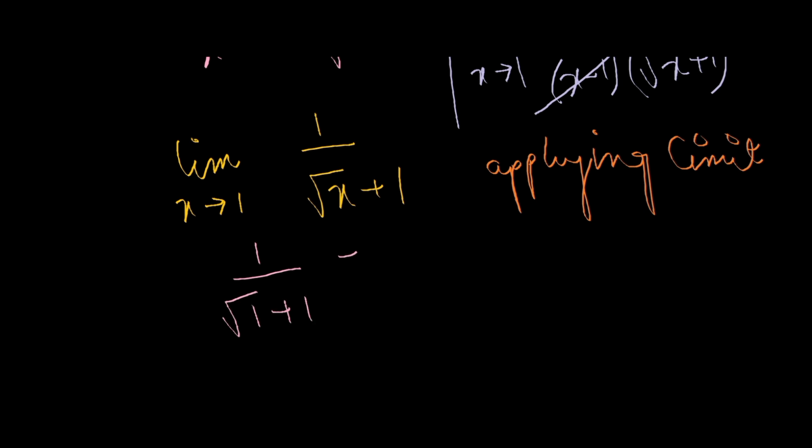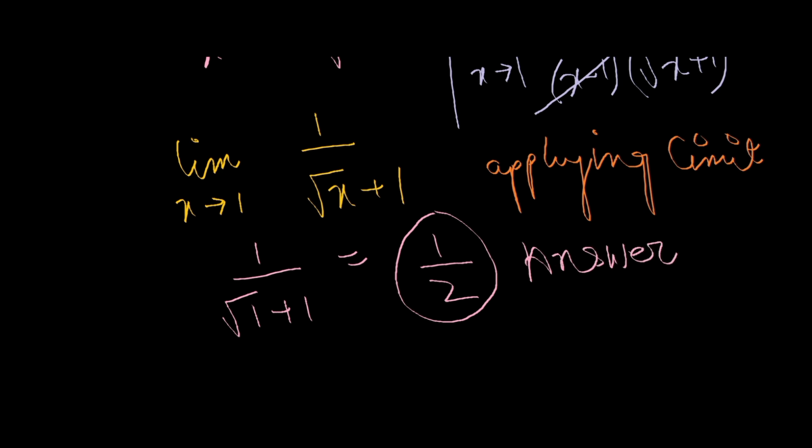Under root 1 is 1, and 1 plus 1 equals 2. So this is the final answer, 1 over 2. Now we found the limit of the given function. We will do more in the upcoming videos.